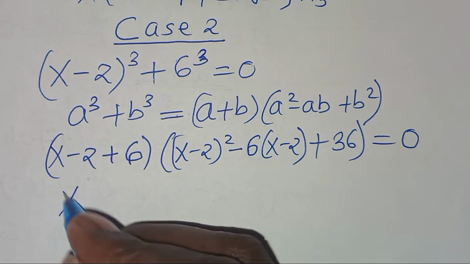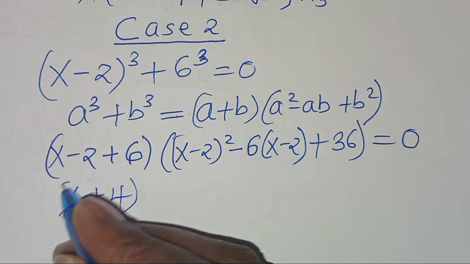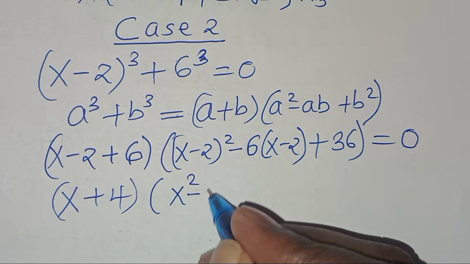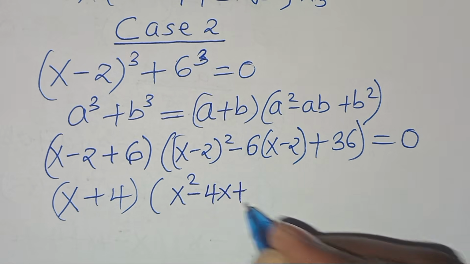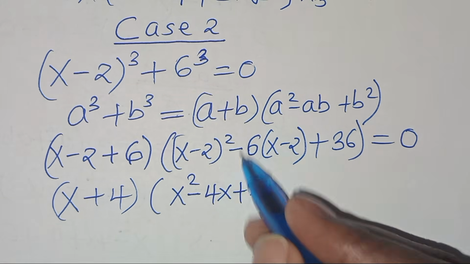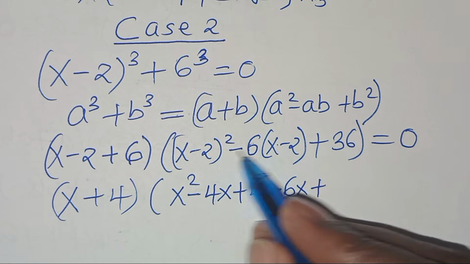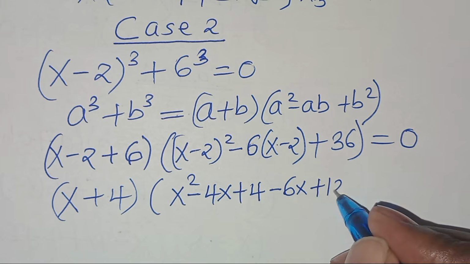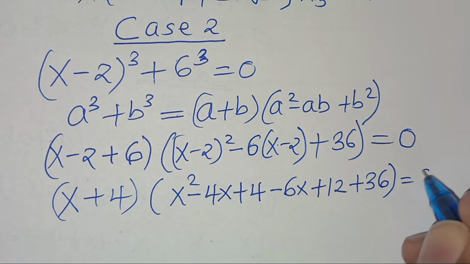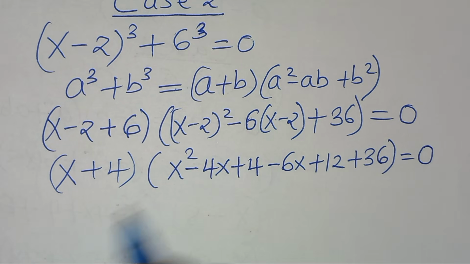Now we'll have x minus 2 plus 6, this is plus 4. And then you will have x squared, subtract 4x plus negative 2 squared, this is 4. Then subtract negative 6 times x, this is minus 6x. Then plus, we have minus 6 times minus 2, this is plus 12. Then plus 36, this is equal to 0. So we have two parts here.